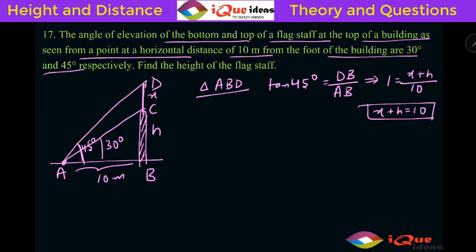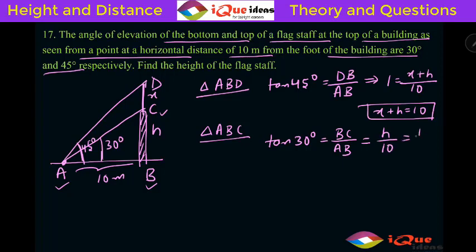This is one equation. Now let's take the other triangle, triangle ABC. Look at the triangle carefully. In that we have angle 30 degrees. So tan 30 degrees will be equal to BC, that is the side opposite to 30, divided by the adjacent side, that is AB. Now BC is equal to H and AB is equal to 10, and tan 30 is equal to 1 by root 3.